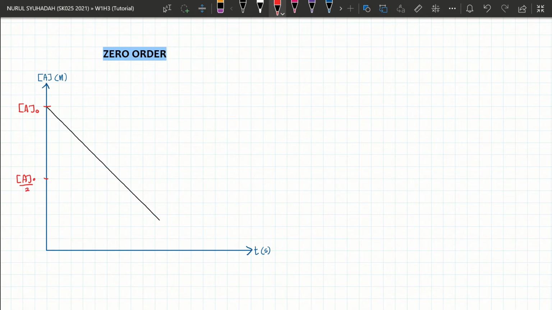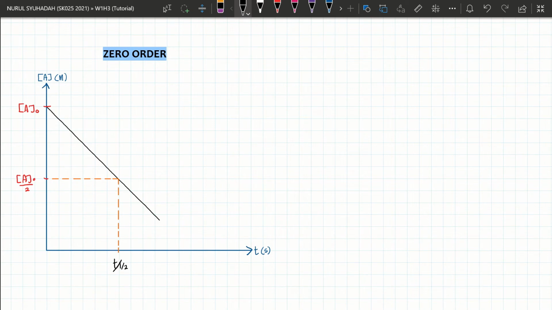What you will do now is find the half-life: how long does it take for the concentration to become half? We need to label the first half-life here. How are we going to label that? Usually you would label it here as half-life.